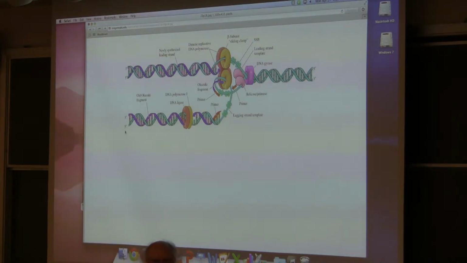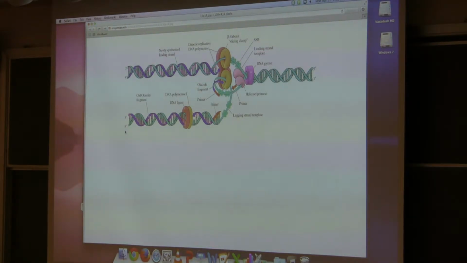Now, another thing I want to tell you about this, and I mentioned it the other day, is that when we look at DNA replication, there are no DNA polymerases that will start replication all by themselves, meaning they have to have something start a strand before they can hop onto it.